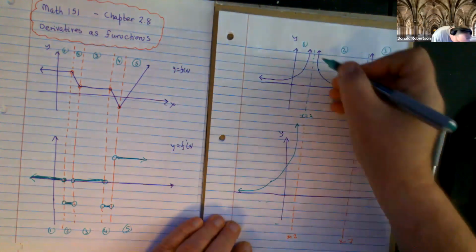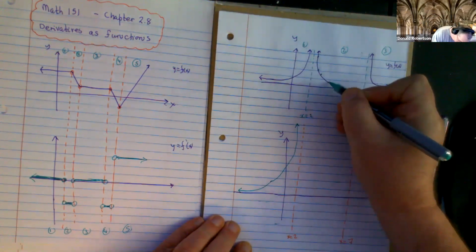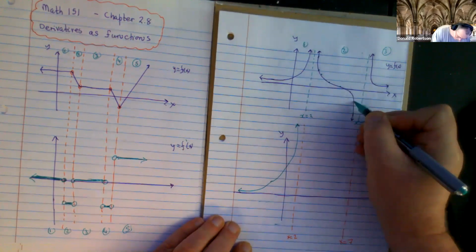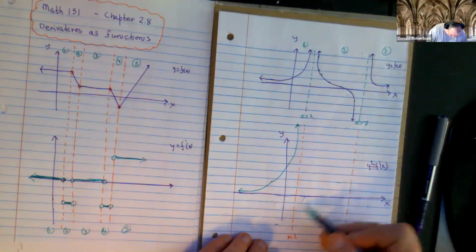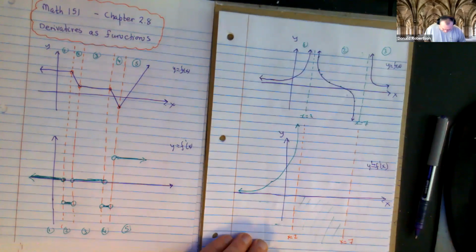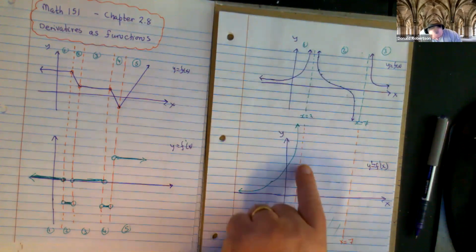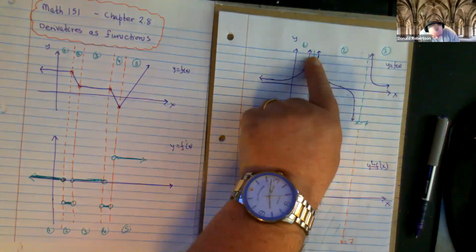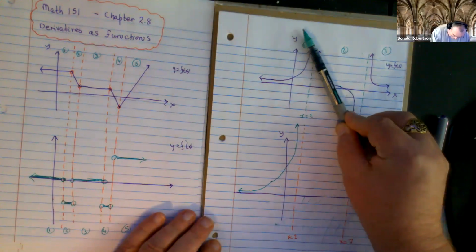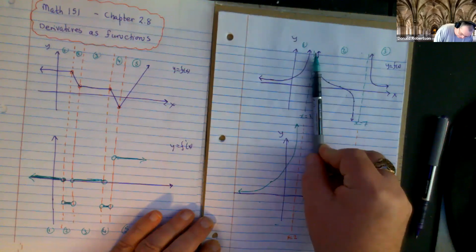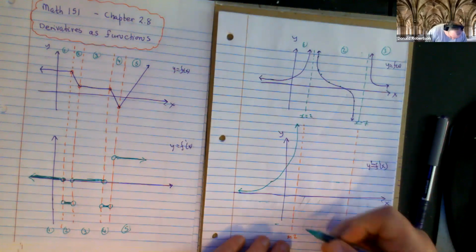So every point on this curve in region 2 is negative. That means that it's all happening down here. As you get closer to the vertical asymptote, instead of being -5, it becomes -10, it becomes -1,000,000. It is negative.